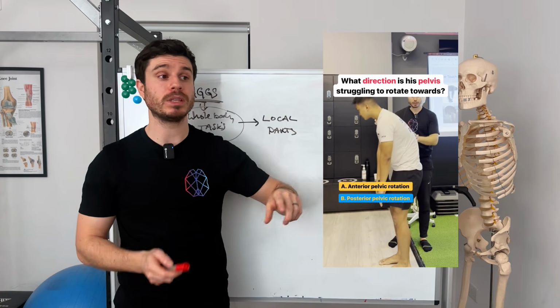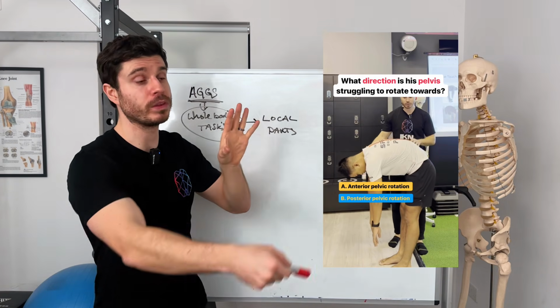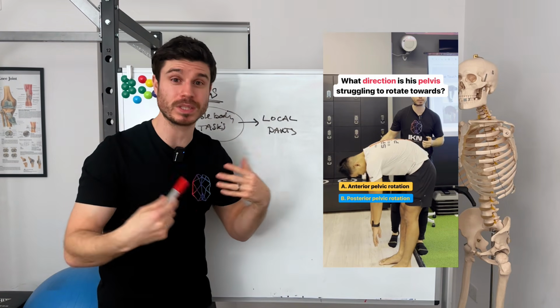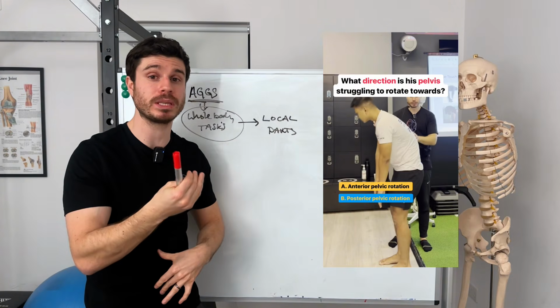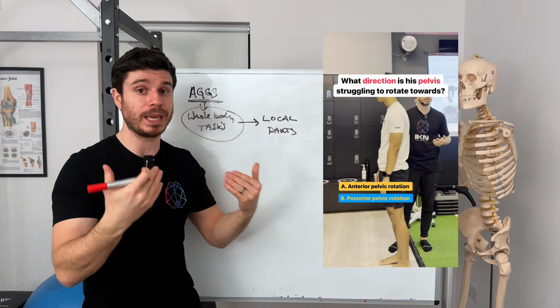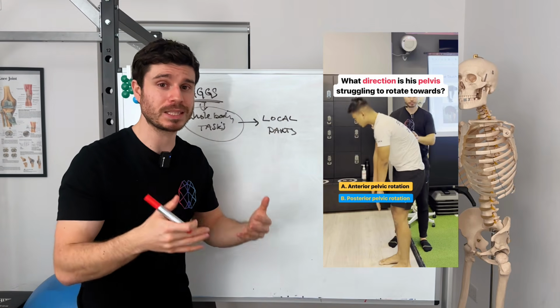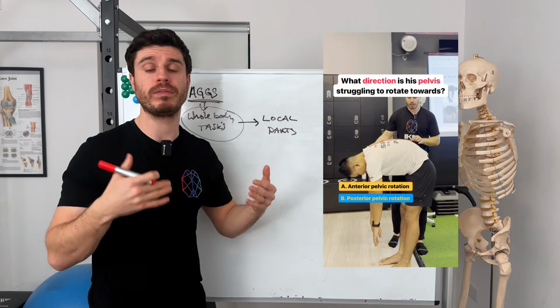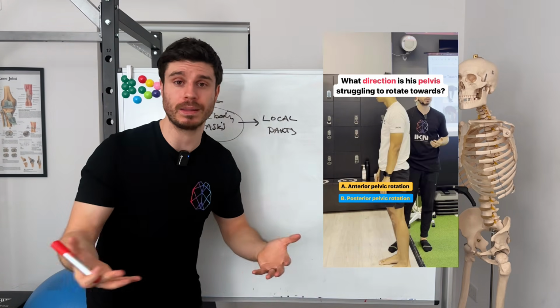Okay. Does it need to rotate backwards to afford the spine the ability to rotate forward? That's what's necessary. You need to get into that posterior pelvic tilt to allow the spine to rotate forward. Because if that pelvis rotates forward very early, it's not really going to allow you to flex the spine. That's more of a hinge then in that scenario.